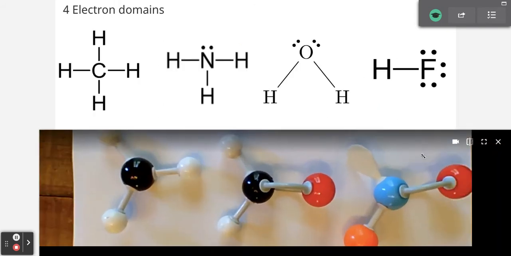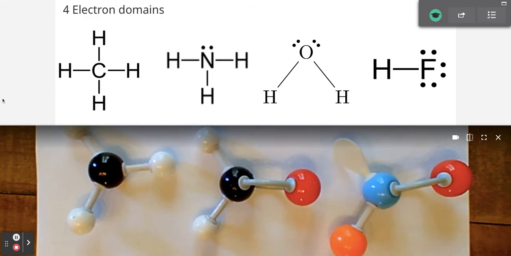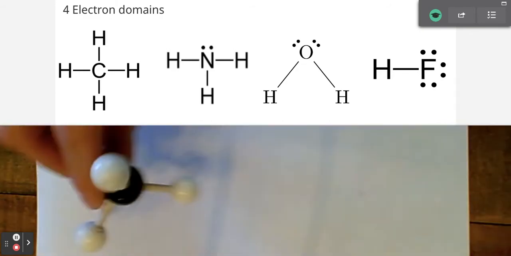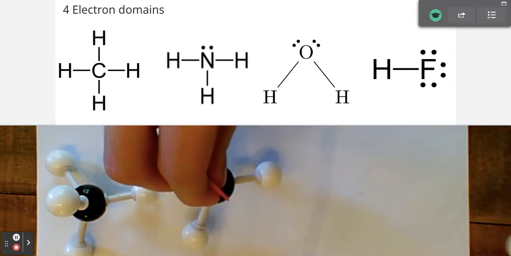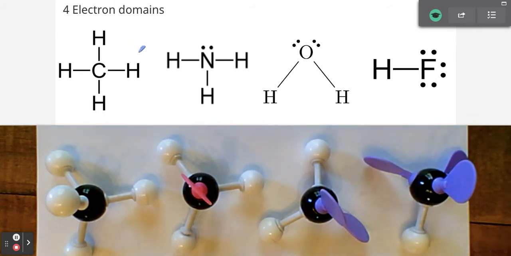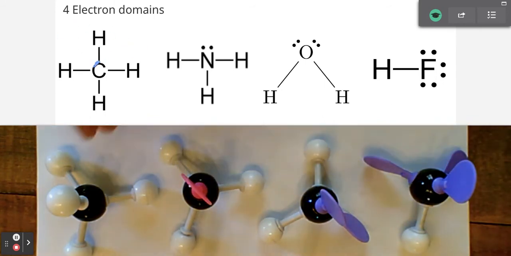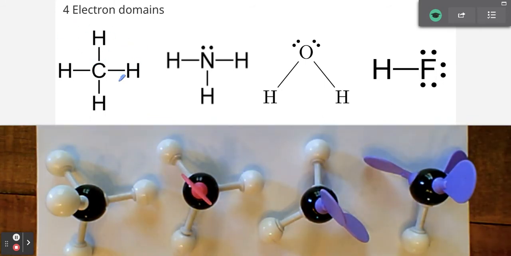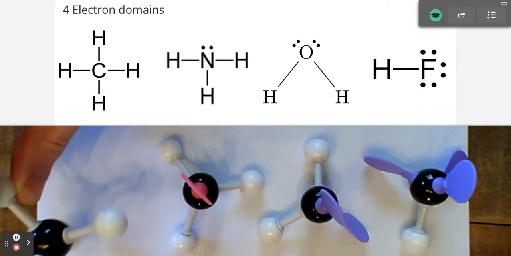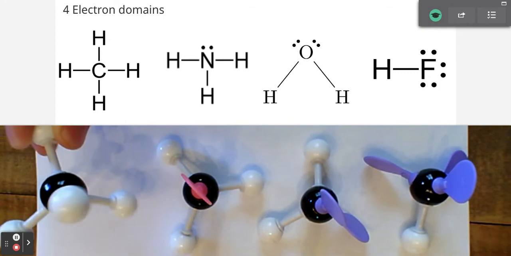Next, we have where there are four electron domains. So I will replace these and go to there being four. Now, what might be first striking about this is that on the screen you can see these all look flat. They all look two-dimensional. Well, quite clearly, this is a three-dimensional structure.